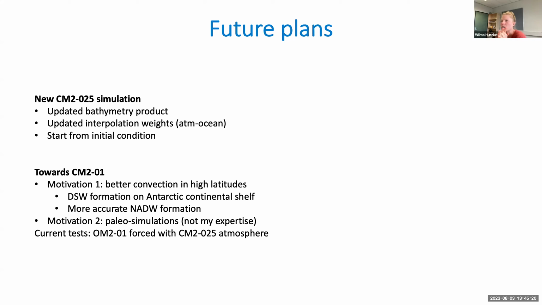We also want to change a few of the interpolation weights between the atmosphere and the ocean. When they talk to each other, for some fields you could see the imprint of the coarser resolution atmospheric grid onto the higher resolution ocean grid.